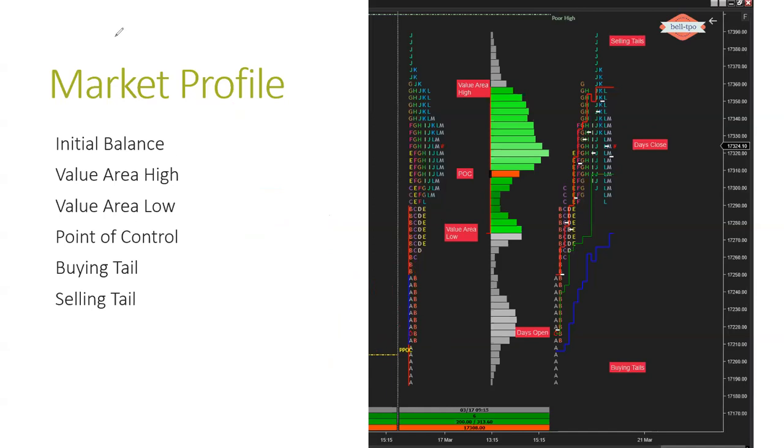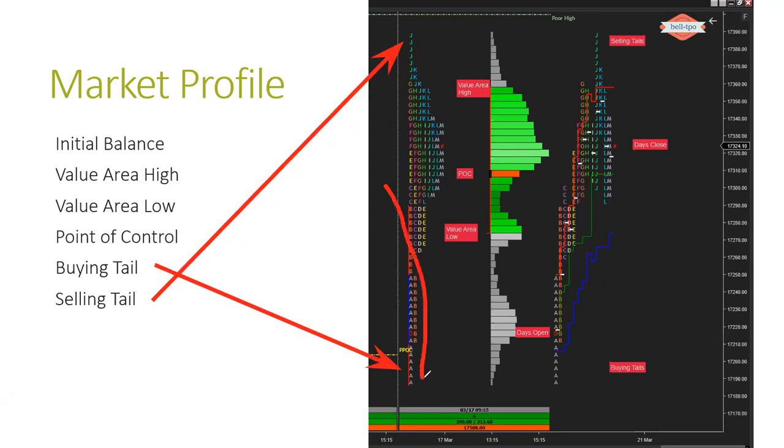The upper tail is considered a selling tail, and the lower tail is called a buying tail. When the market is coming down, buyers initiate the auction at the tails.